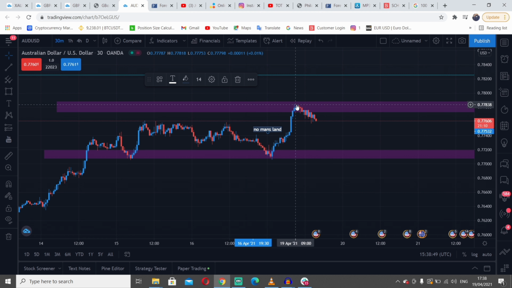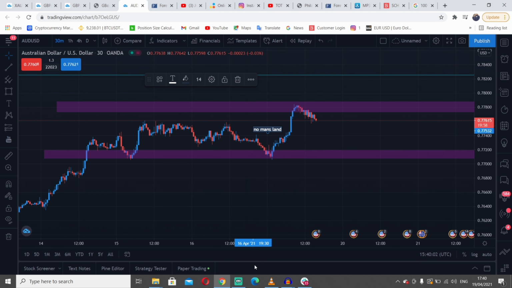And as you can see, once we got to this key level, most traders would have thought that since we're in an uptrend, we're going to continue moving up. But no, we got to a key level and now it's rejecting that key level, and price is beginning to move down to create maybe a pullback before going back up.